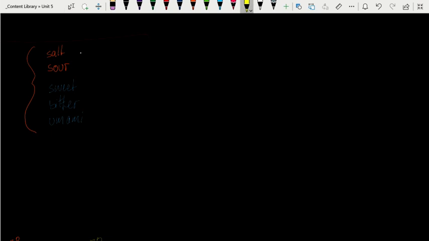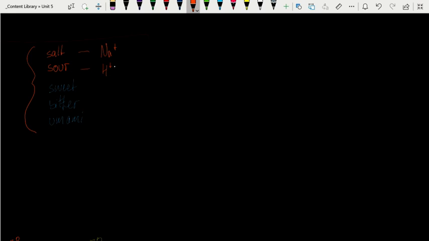For salt, the thing that triggers these taste buds is sodium. And for sour, think Sour Patch Kids, it's actually acid. It's hydrogen ion, H+.